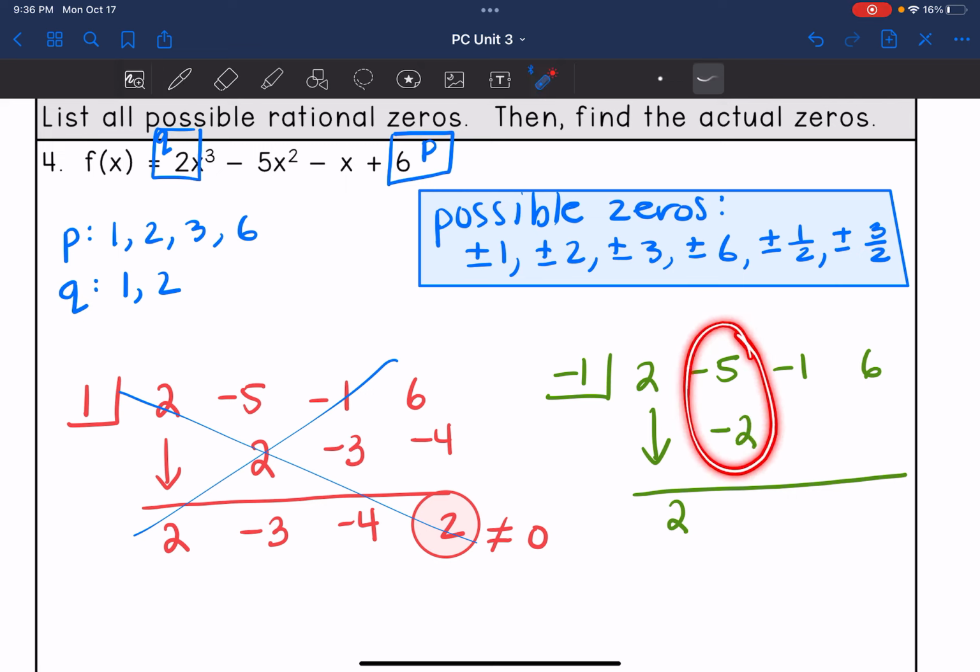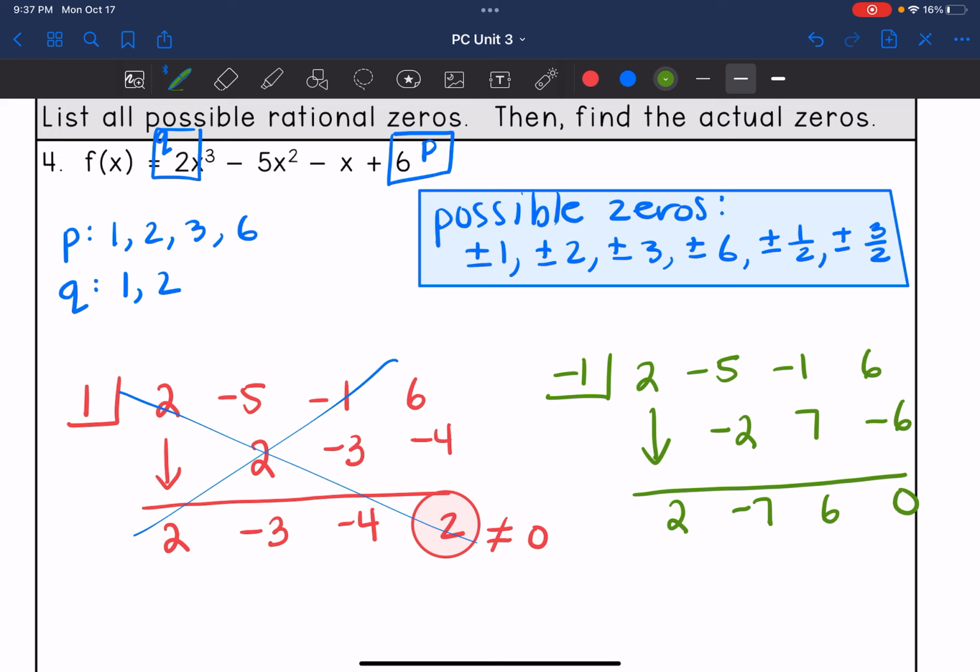And if I add these numbers, I get -7. -1 times -7 is +7. And if I add these numbers, I get +6. Then -1 times 6 is -6. And if I add these numbers, I get 0.